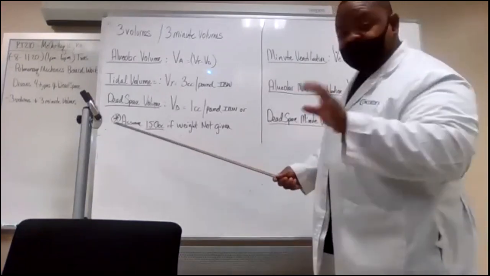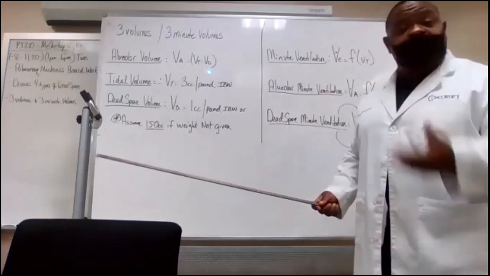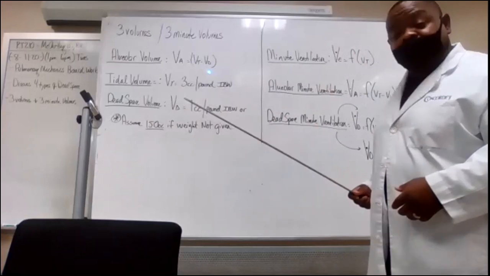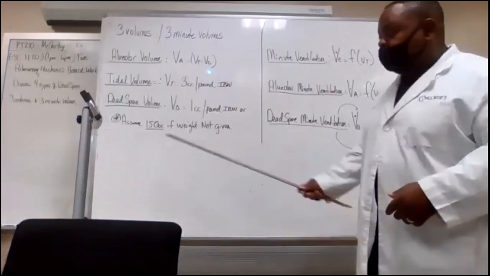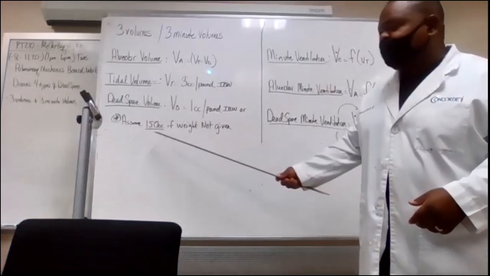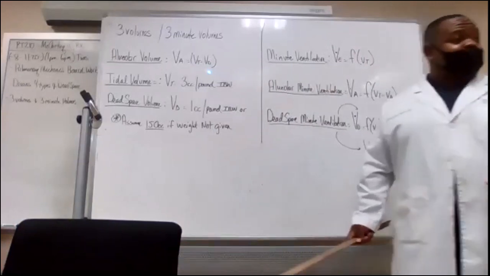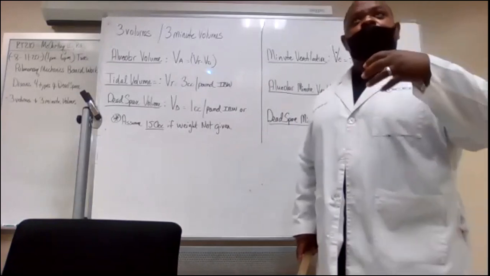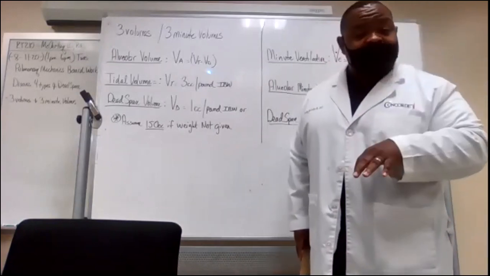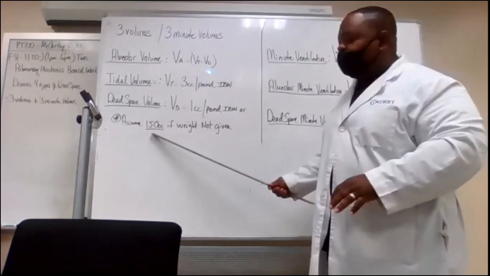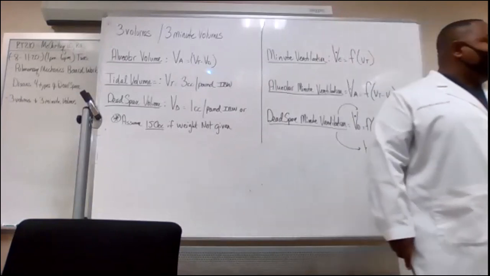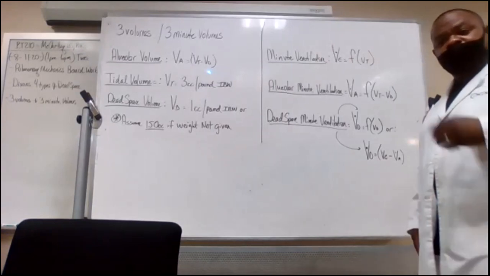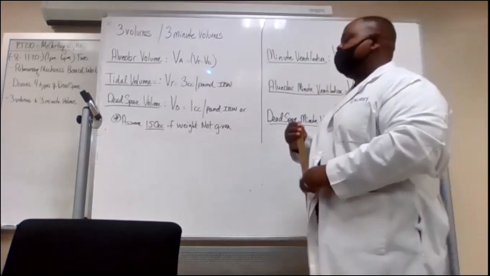And then dead space volume, which is the wasted ventilation, is 1 cc per pound, like we said yesterday, or just write 150 if they don't give you a weight. If you have to factor in dead space and they don't give you a weight, you do 150. That's the normal, 150 cc's or milliliters, they're both the same.